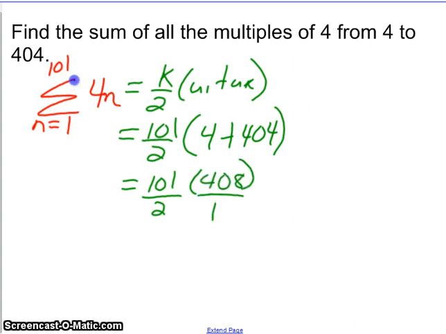And so 2 can go into 408 204 times. I'm canceling my fractions before I multiply them. Elementary school math. 101 times 204, calculator, is 20,604.